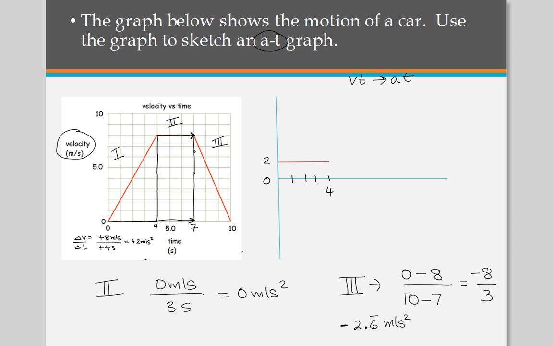Then for the next 3 seconds, it's 0: 5, 6, 7. And then for the last 3 seconds, it's negative, and it's a little bit farther down: 8, 9, 10.